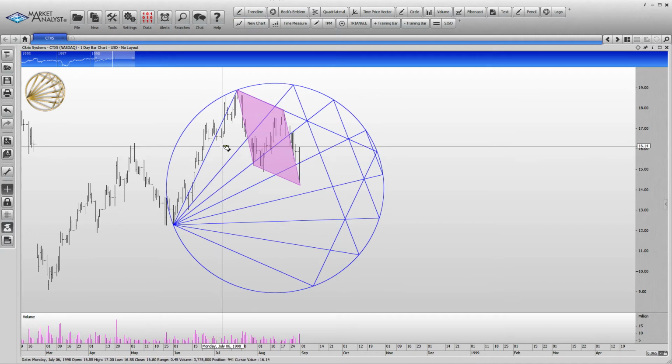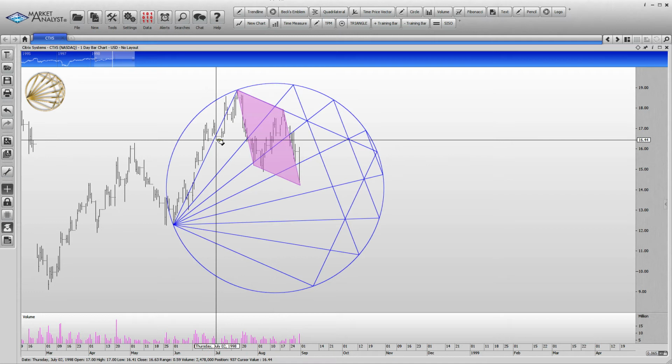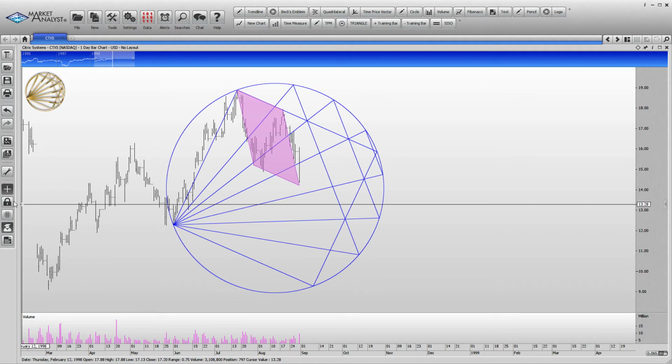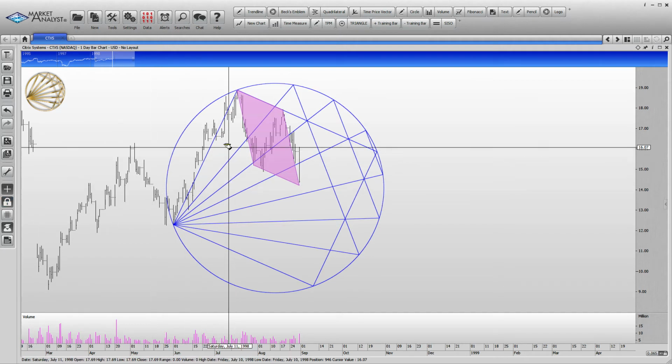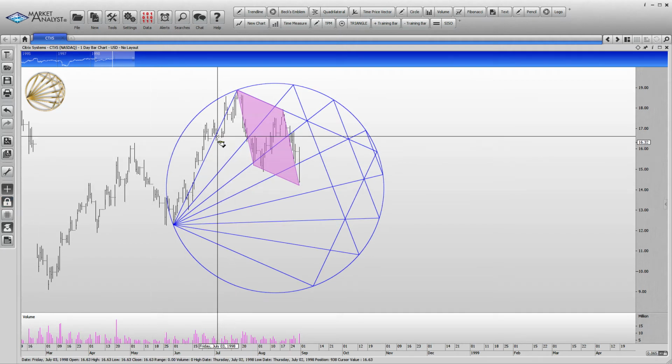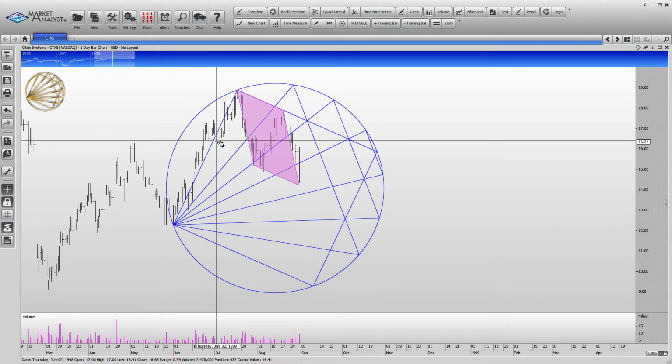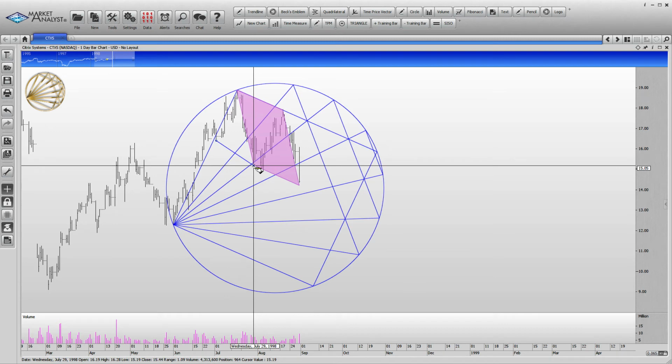So I would choose this as my Z point. Now we're going to draw a simple trend line from here. Turn on the magnet. So here's our Z point, to our B point.